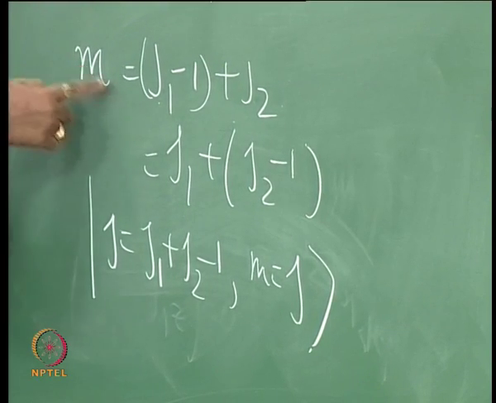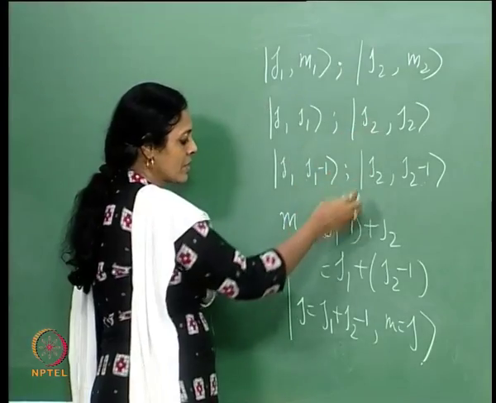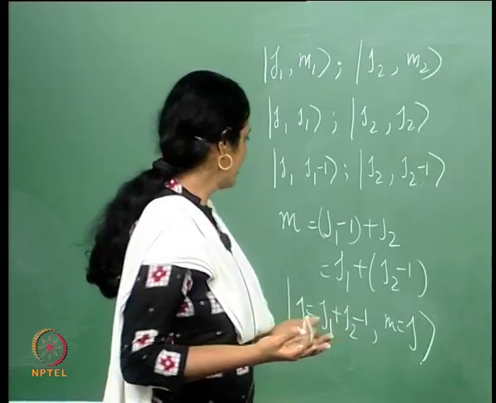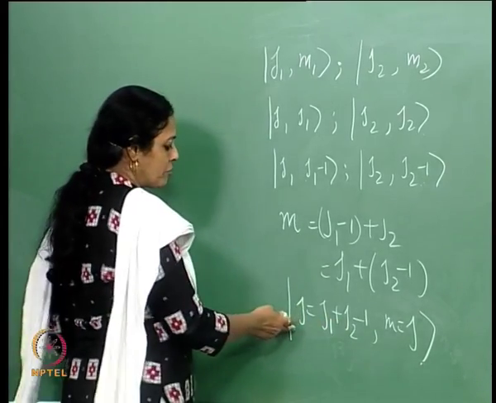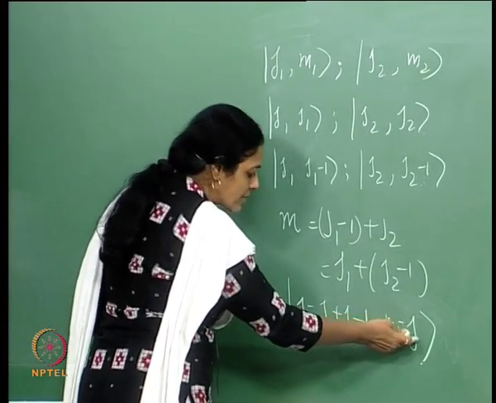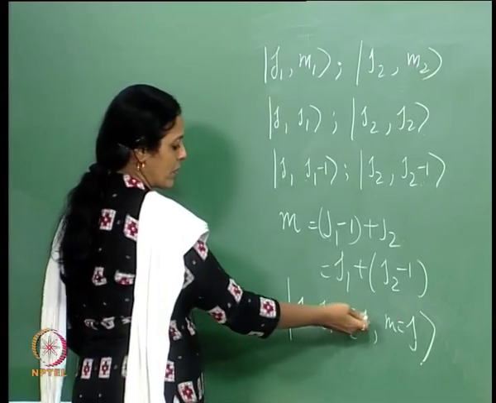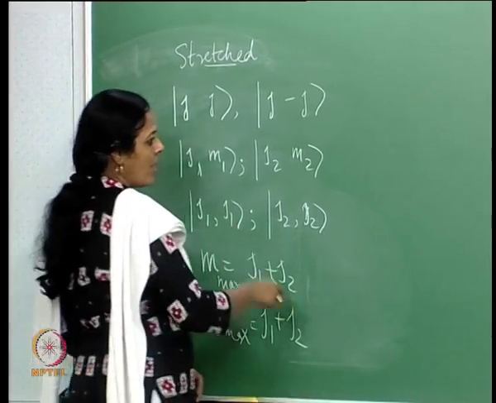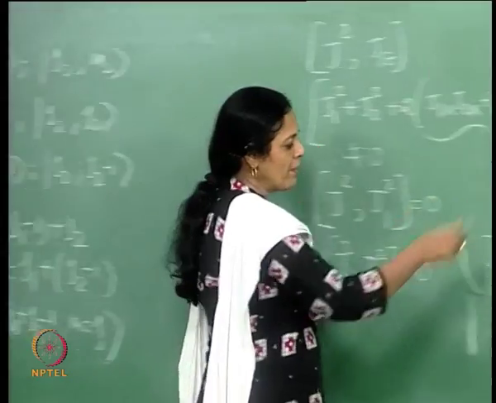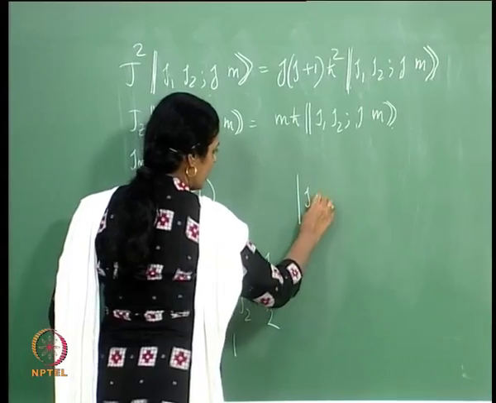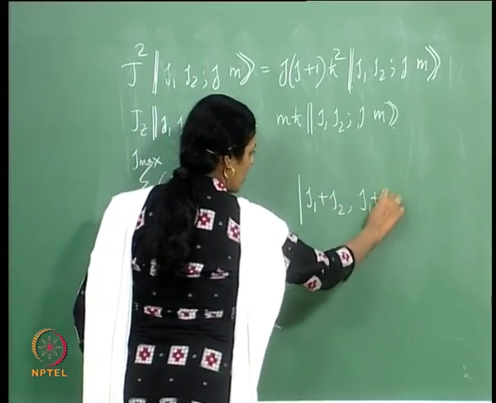But I have two states. I have two ways of combining m1 and m2. I have two different choices which will give me the same value of m, and clearly these are two different states. So while one of them can be accounted for by saying that j is j1 plus j2 minus 1, and m as a stretched possibility is also j1 plus j2 minus 1, the other one came from here itself. I started with j max equals j1 plus j2. So what are the corresponding states? j1 plus j2 with j1 plus j2.